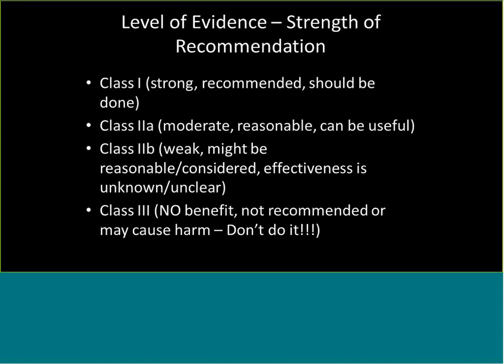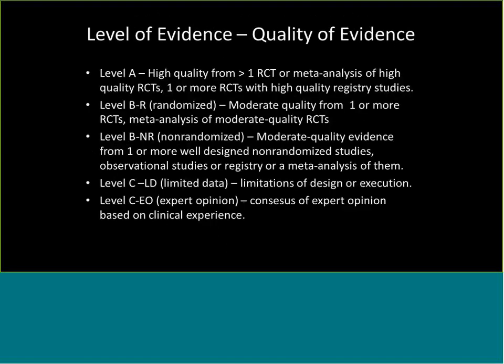The effectiveness is either unknown or unclear. This is when our team and interdisciplinary approach comes into play, when we're getting out of those class 1 and 2A indications, where we put our heads together to see what's best for the patient. Class 3 indications show no benefit. It's not recommended, and it may also cause harm. So we do not want to do any class 3s.